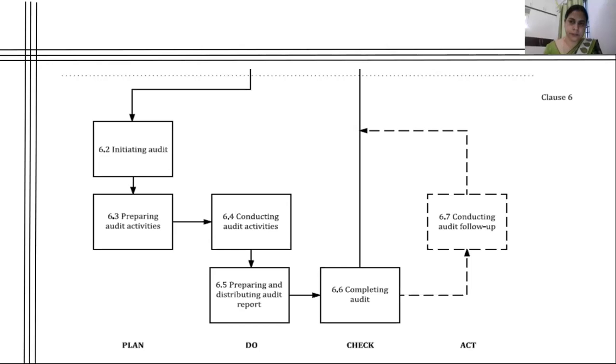So when we see your slide, this is for whom? This is for the audit head and the auditors. So this is what we should know if we are the auditors of a particular organization.